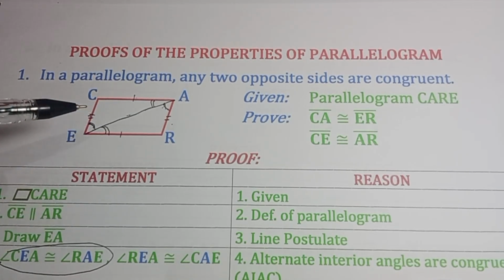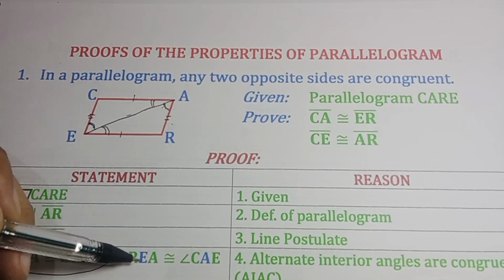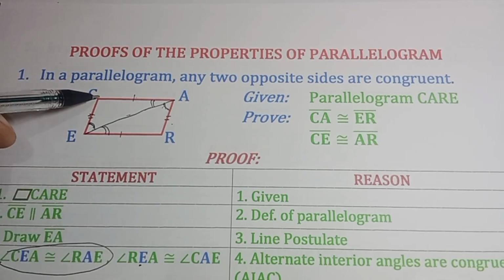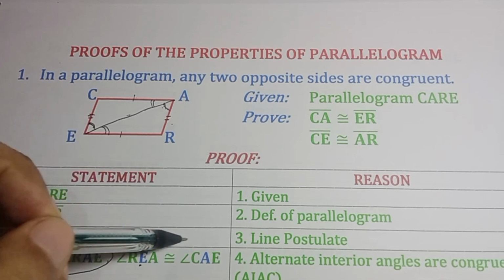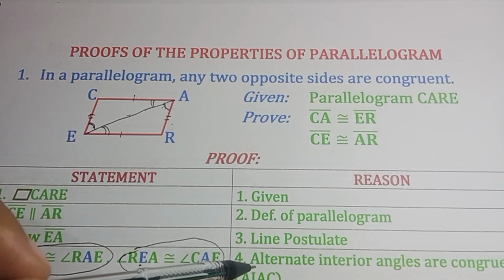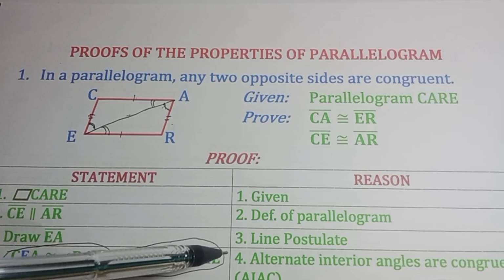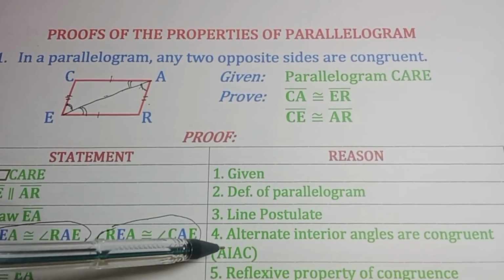And also, REA, this angle, this one, is congruent to CAE, this angle. This is it. Okay, our reason for this is alternate interior angles are congruent. That is AIAC.